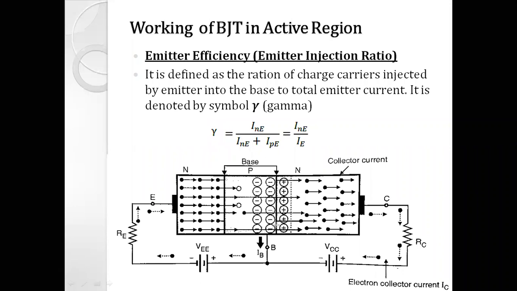In this NPN type transistor, the emitter region is made up of N type layer, and because of that, the majority carrier for the emitter region is the electron.